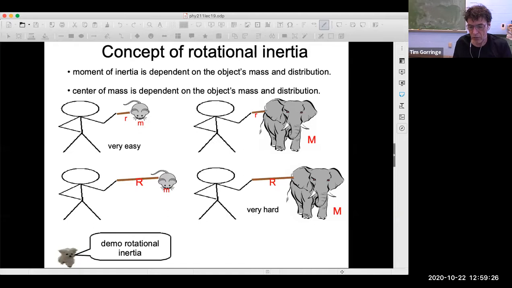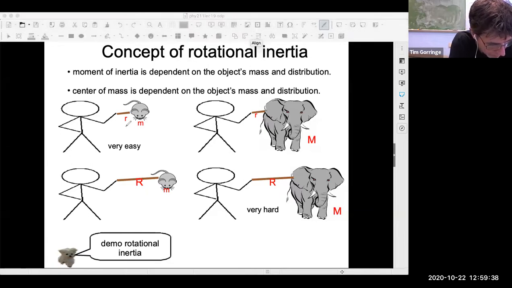And I was going to swing around my head the mouse and the elephant on a short string and a long string. So let me point this out here. This is the short string, the little r, and the small mass mouse. Over here in the bottom right, this is the long string, uppercase R, and the heavy elephant, uppercase M.